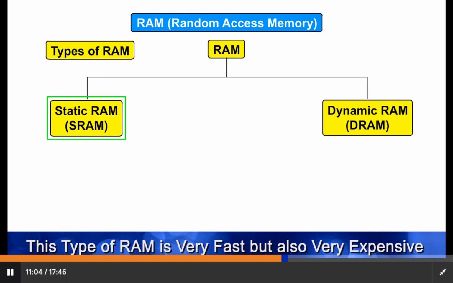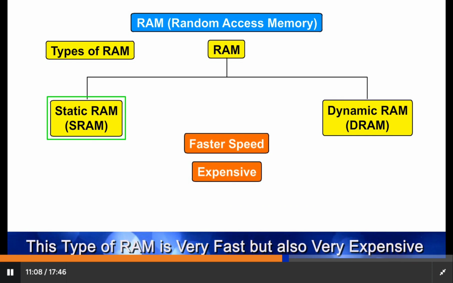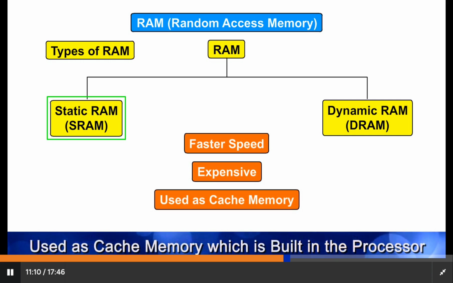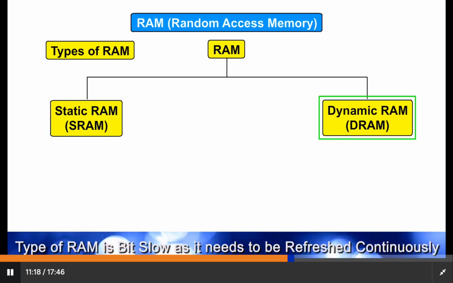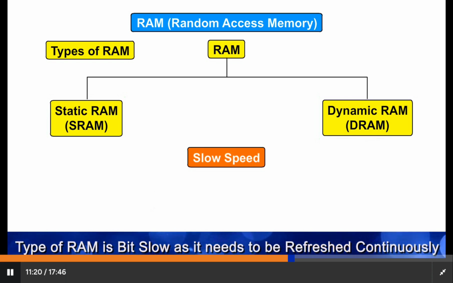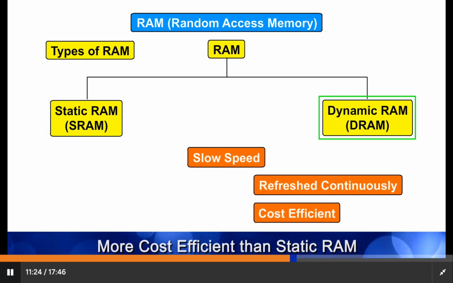Static RAM. This type of RAM is very fast but also very expensive, thus used as cache memory which is built in the processor. Dynamic RAM. This type of RAM is a bit slow as it needs to be refreshed continuously and is more cost efficient than static RAM.